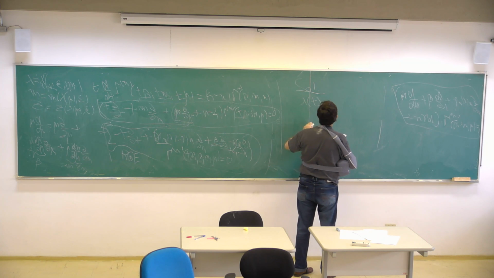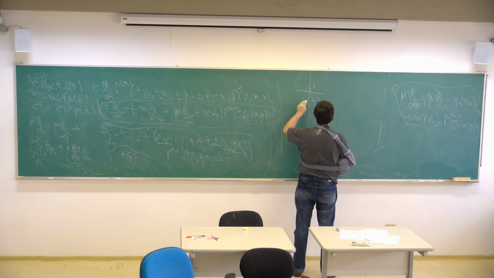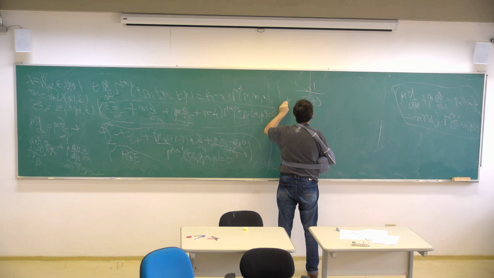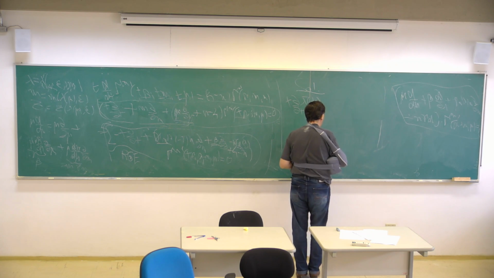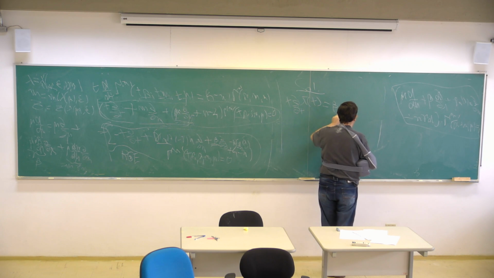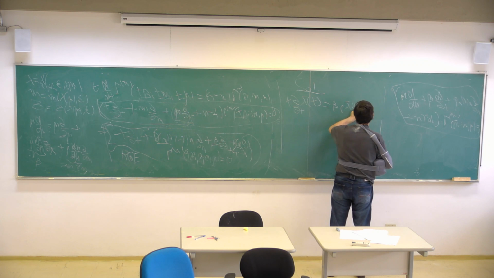So let's say lambda bar, t d/dt of lambda bar of t is beta of lambda bar of t.